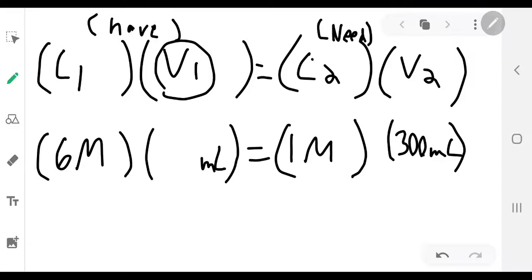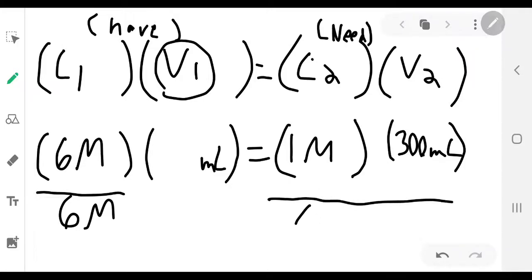Okay, we're trying to solve for this blank space here. So what we're going to want to do is divide by 6 molars on each side. And when we do that, we can cross out our units. And so our units cross, so our answer is going to be in milliliters, because we're able to cancel that out.